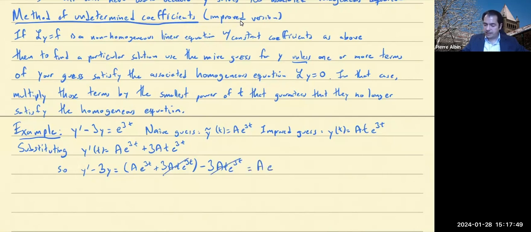So we're left with a e to the 3t. We want that to be equal to e to the 3t, the right-hand side. And so that means we just need to set a equal to 1. And hence, y of t equal to t e to the 3t is a particular solution.